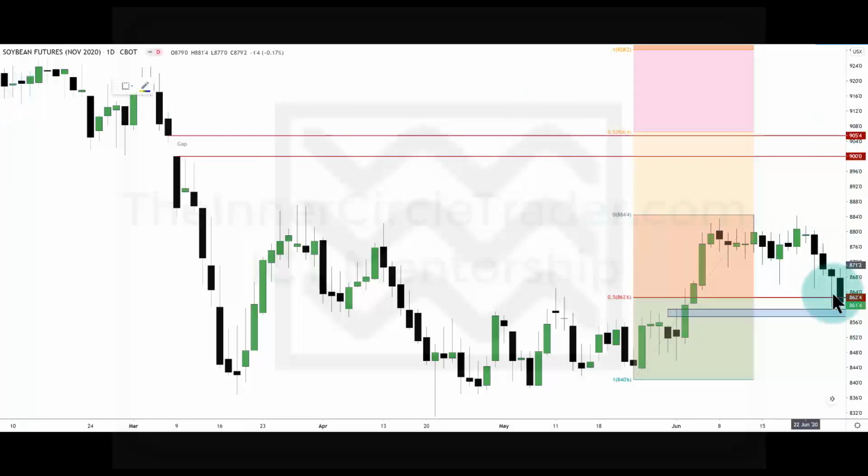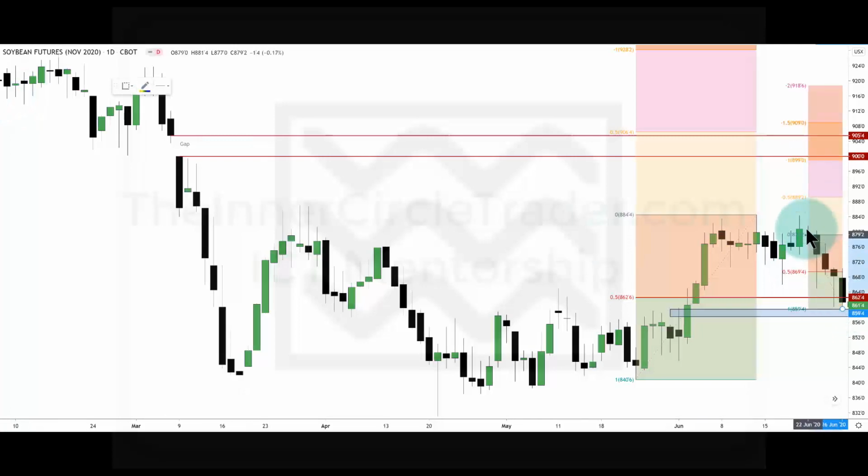All I'm going to do is take this level here, drag it up right there, and you can see that we have a half standard deviation, one full standard deviation.